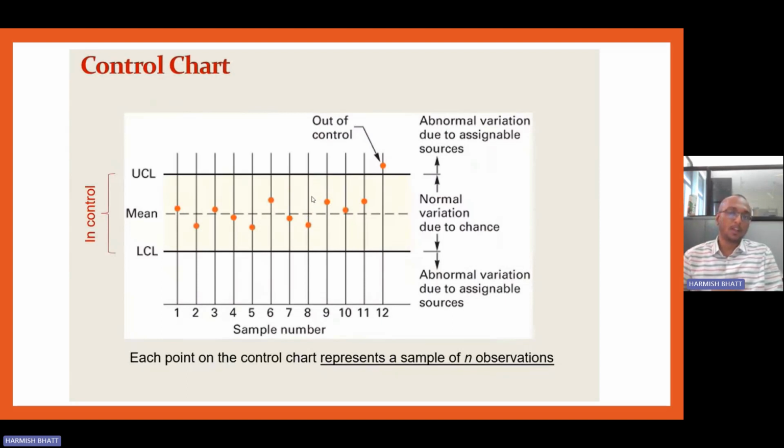The remaining area, above the UCL, the upper control limit, and below the LCL, the lower control limit, if we find any mean point in this area, then we can say that the process is not under control and we need to rectify the process. We need to correct some of the steps during the process. So over here, this is a normal area, while this one is the abnormal area, meaning the process is not under control.